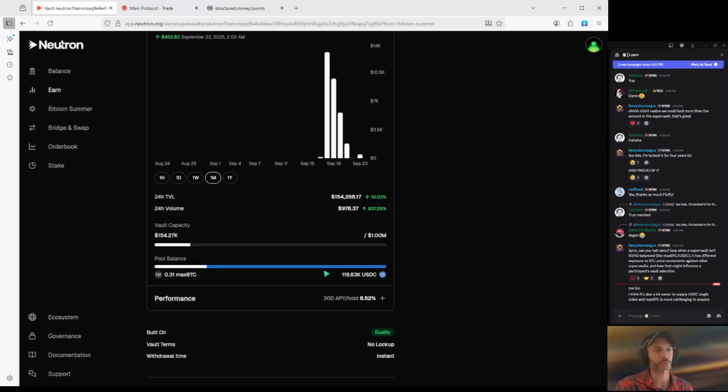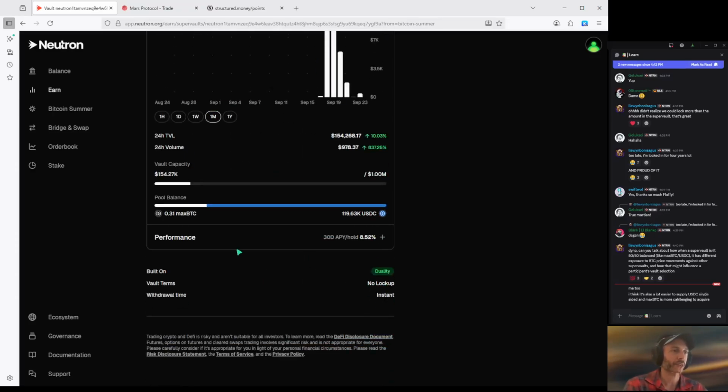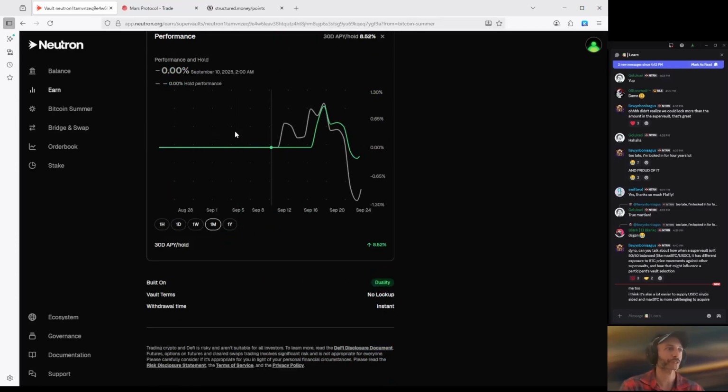The pool is a majority USDC. So if Bitcoin goes up a bunch, you would miss out on those profits. That's why the performance line shows the price difference of the underlying price movements compared to if the vault was 50-50 and you were holding those assets spot.